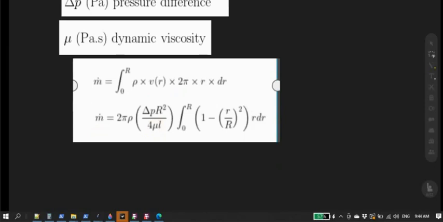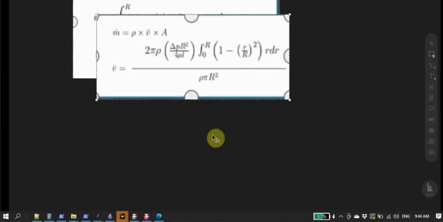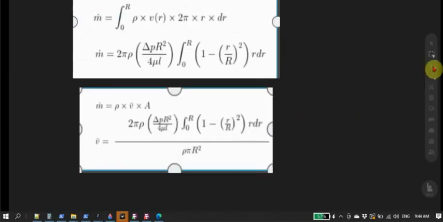Now you can see that this equation is different from what you have learned in the first video clip, right? The earlier mass flow rate is based on local velocity. Now I'll give you an equation here that is represented by the average values, right?